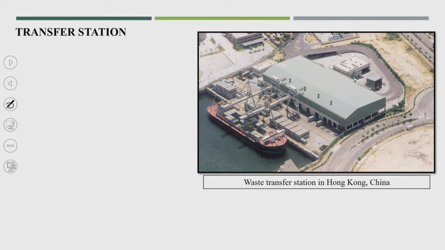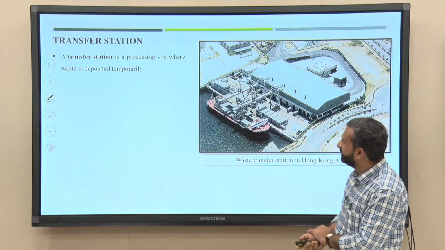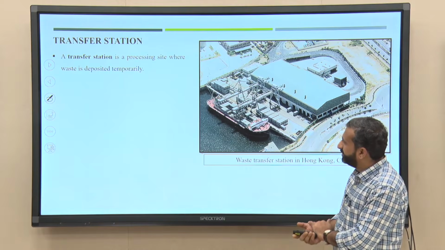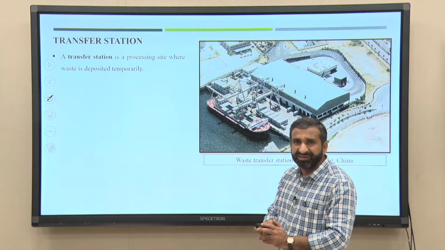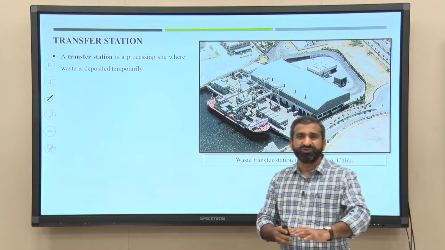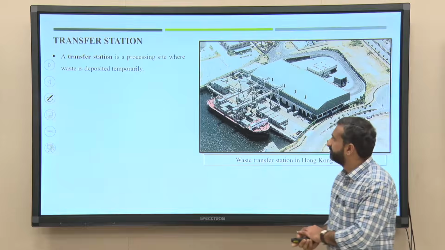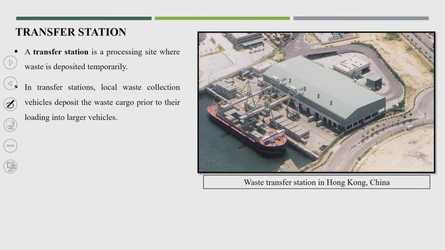So, now you see here one of the photos I am showing is from Hong Kong, China. A transfer station is a temporary disposal site, which could be very close to the residential area or very close to the waste generation sites. In this transfer station, the local waste collection vehicle disposes the entire waste cargo prior to loading into a larger vehicle.